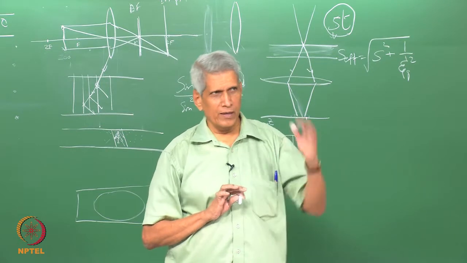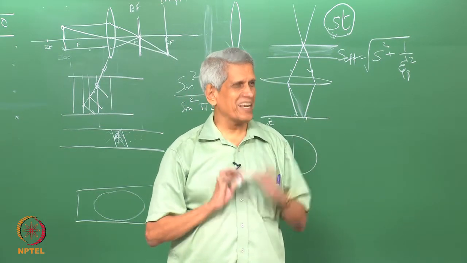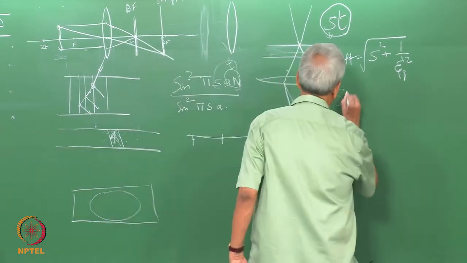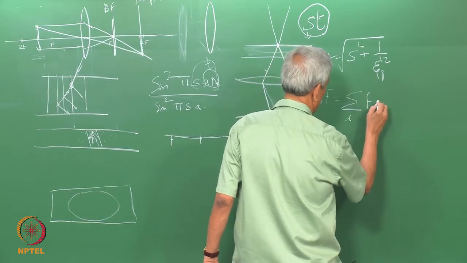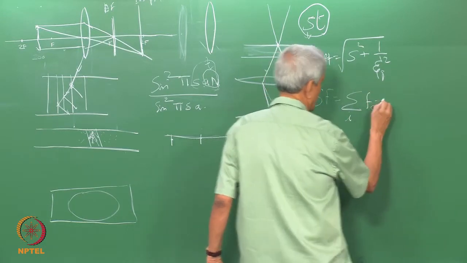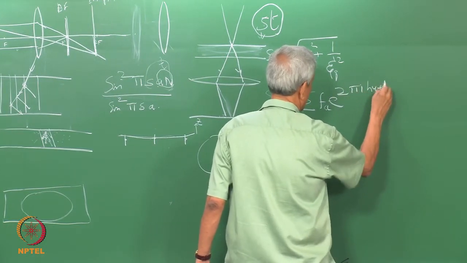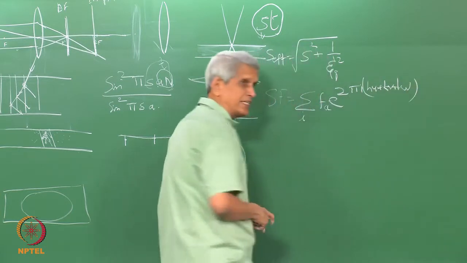Okay. Now let us talk about the structure factor. What is structure factor? Structure factor equals sum of Fa times e to the power 2 pi i (hu + kv + lw), you write it, na?